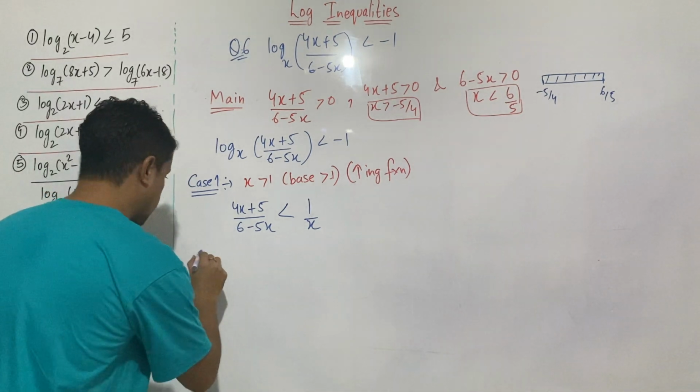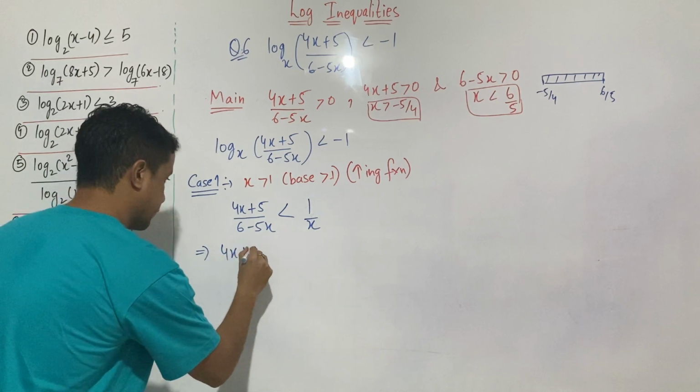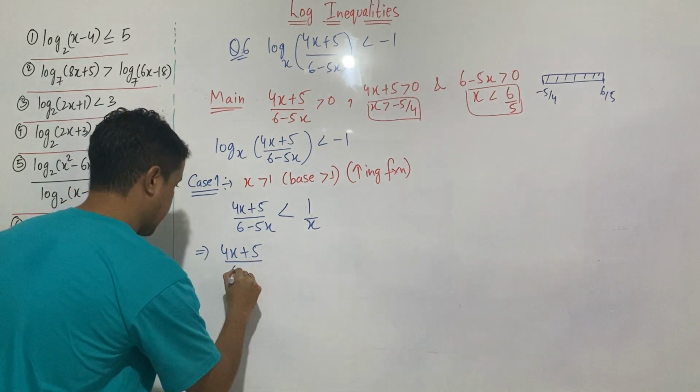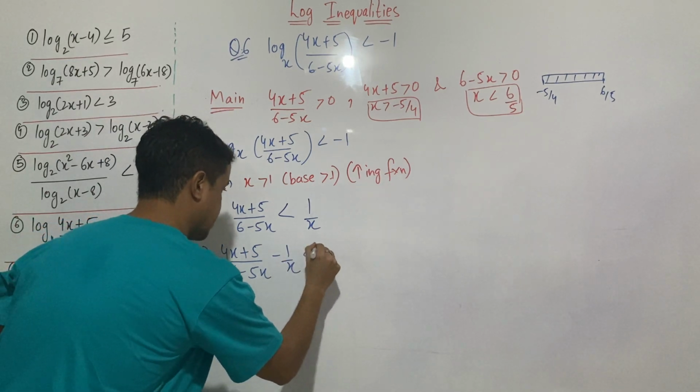If I solve it further, (4x+5)/(6-5x) minus 1/x is less than 0.